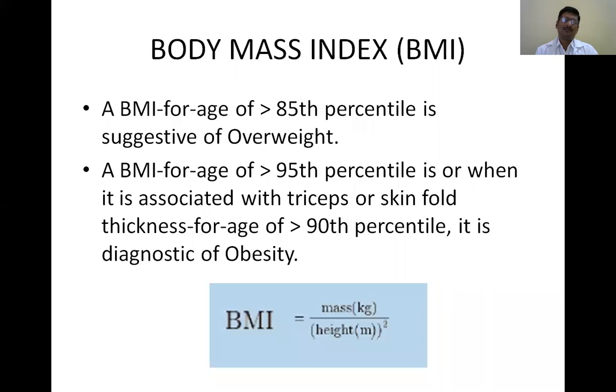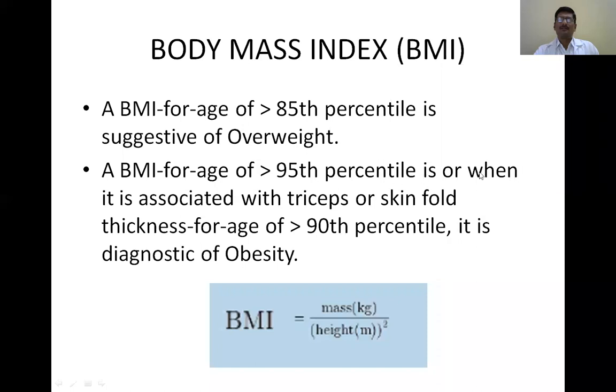Next comes a very useful index, that is the body mass index. BMI for age, if it is more than the 85th percentile, is suggestive of overweight, and if the BMI for age is more than the 95th percentile, this is all based on the growth chart, as different percentile markings are there.